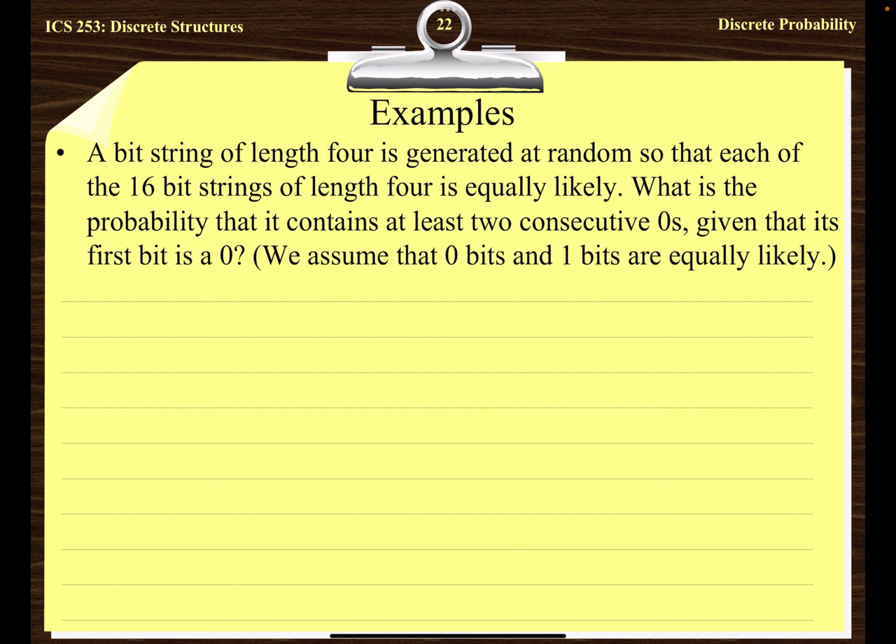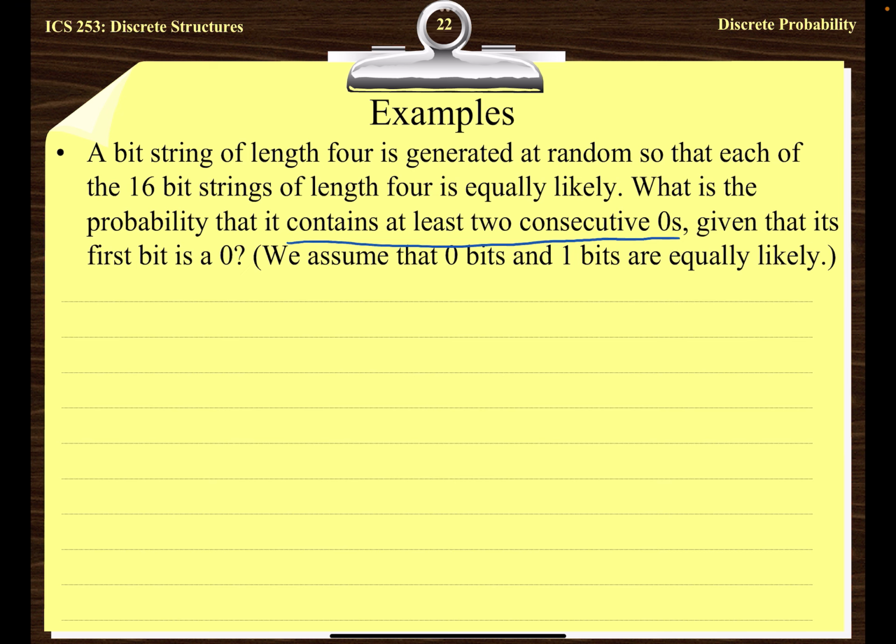Okay. Now, who can tell me what E and F are in this case? E is the event that the 4-bit string contains at least 2 consecutive zeros. Right?